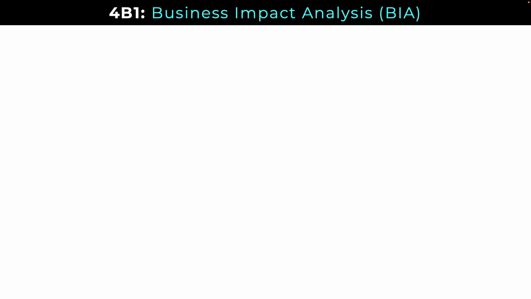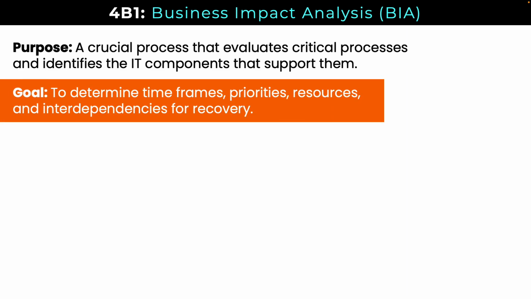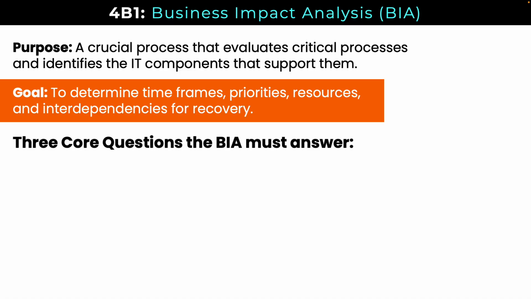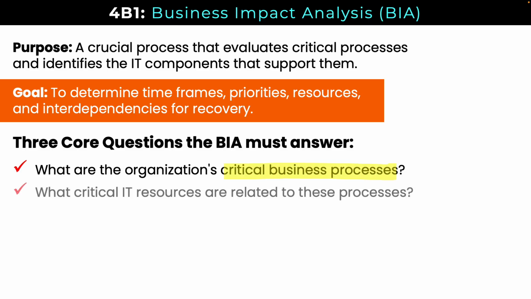So business impact analysis. This is the process where we evaluate which processes in the business are critical and which IT components support them. The goal here is to determine timeframes, priorities, resources, and interdependencies for recovery. The core questions we need to answer in the business impact analysis are: what are the organization's critical business processes? What critical IT resources are related to these processes?